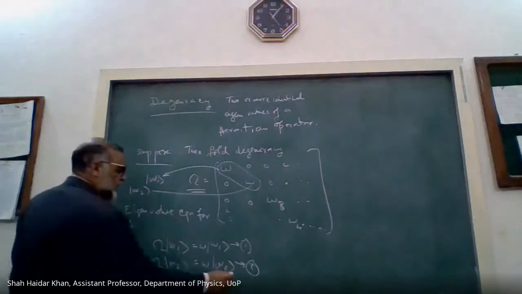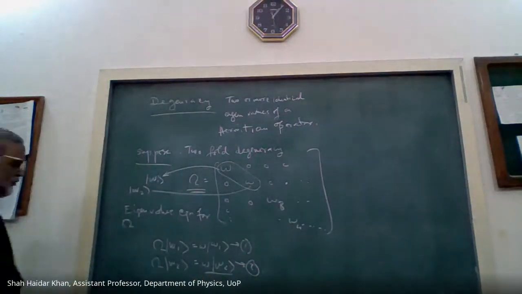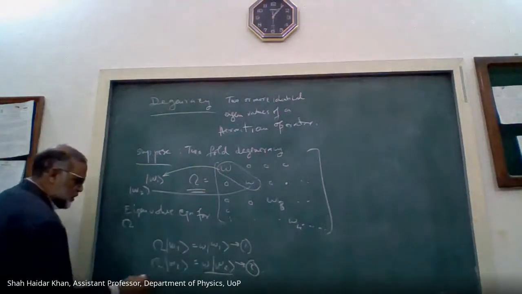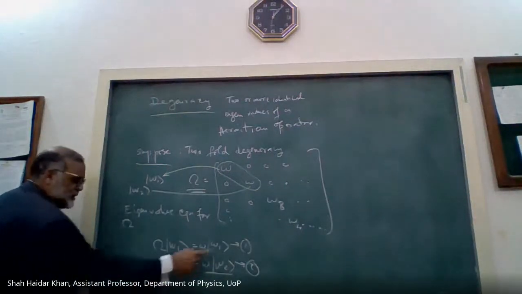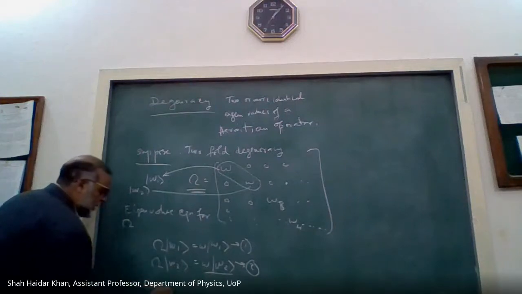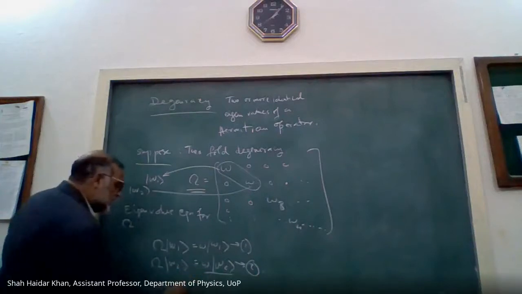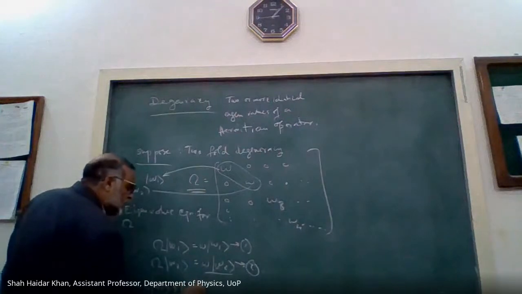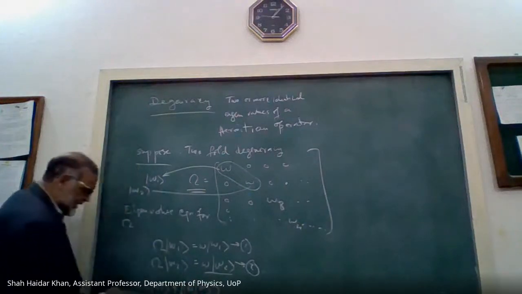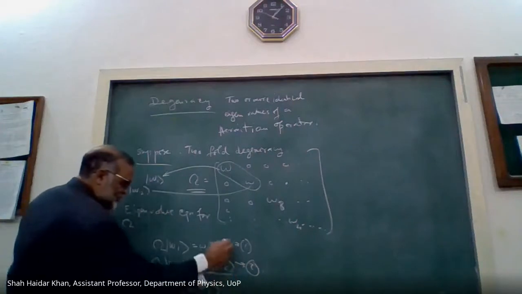So let us multiply this with alpha, we get alpha omega 1, and multiply this with some scalar beta, beta omega 2. This is the linear combination of these two.